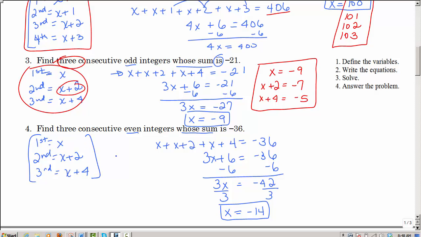So again, go back to here, answer the question. So x is negative 14, x plus 2, and x plus 4. Remember, you just want them in a row. Those are the 3 consecutive even integers whose sum is negative 36. You could add those up. Check it out.